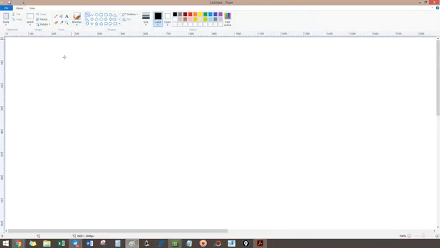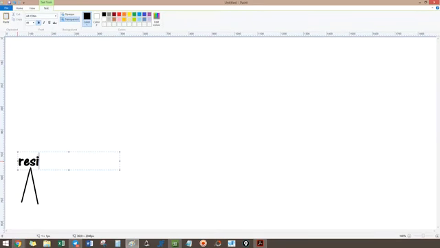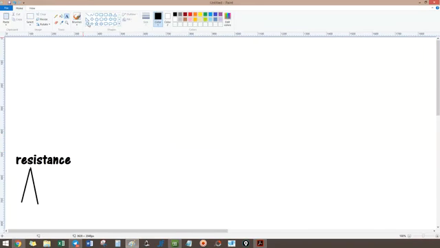Okay, so before this I already explained how flat limit is formed, like this, when you have a resistance. You have two, in the case like in the chart.